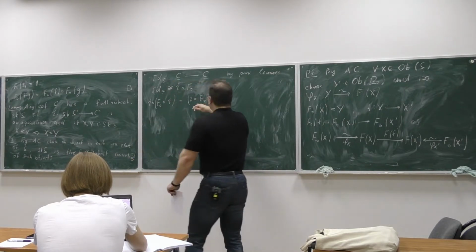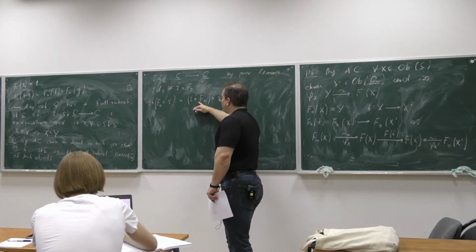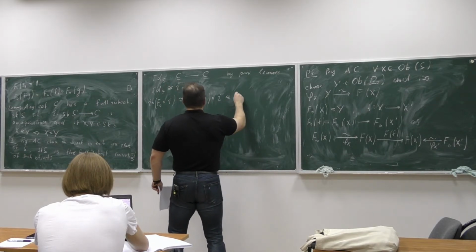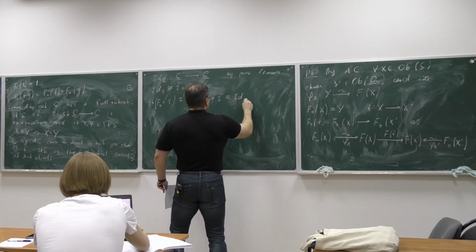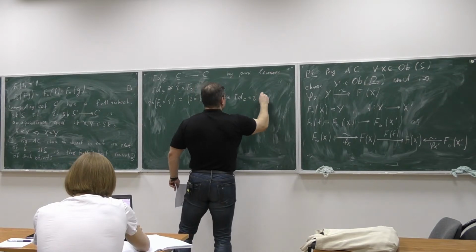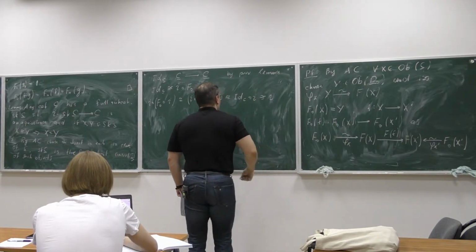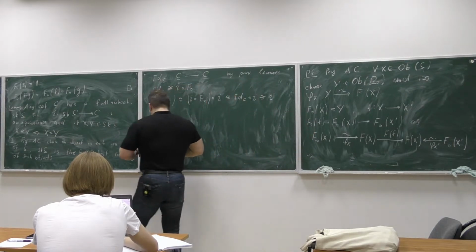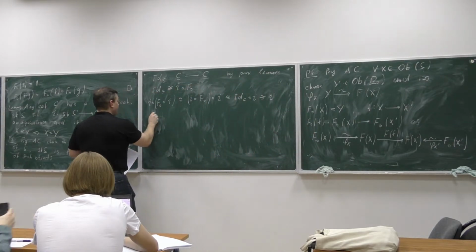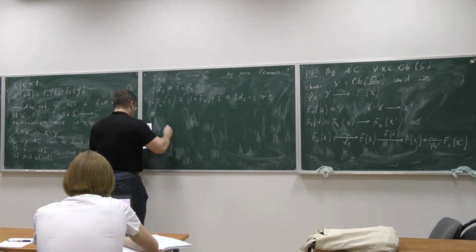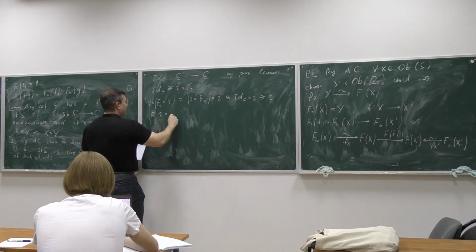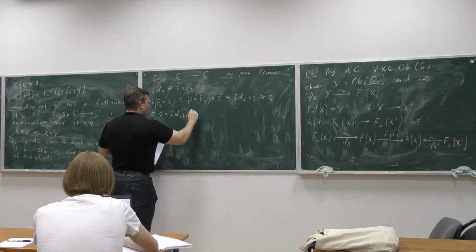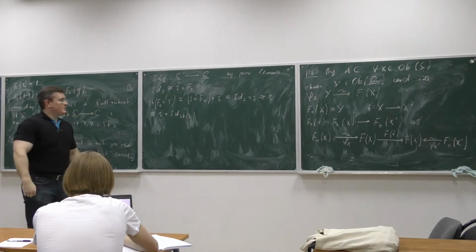Now for this composition, I already know it is isomorphic to the identity on C. Composed with iota, this is isomorphic to iota. And finally, iota is isomorphic to iota composed with the identity on the skeleton of C, right? By trivial reasons.